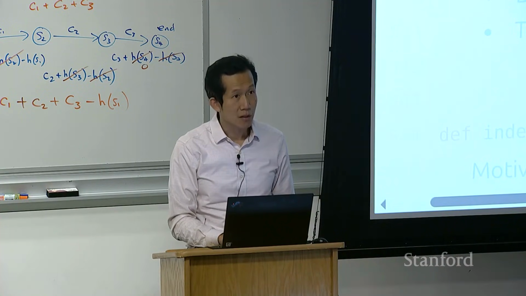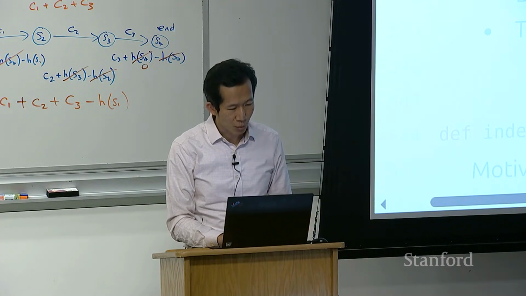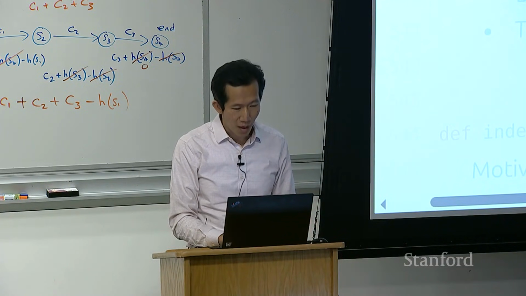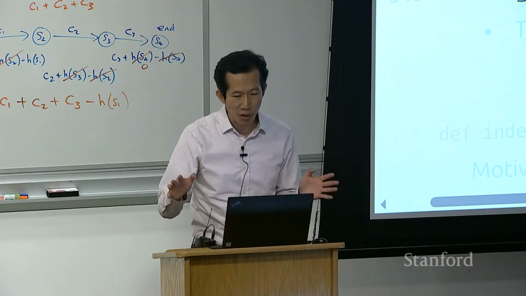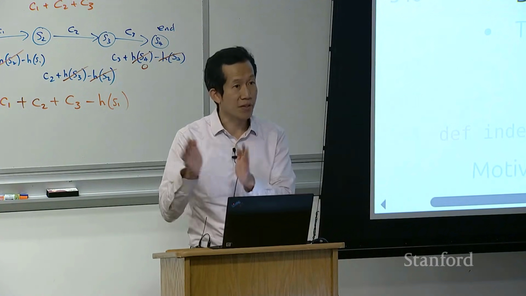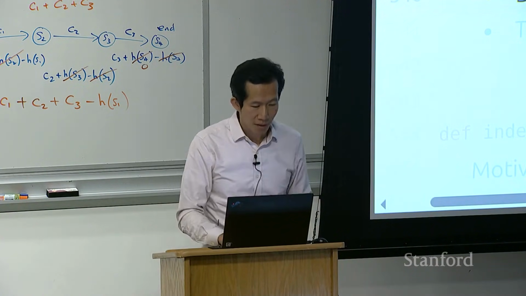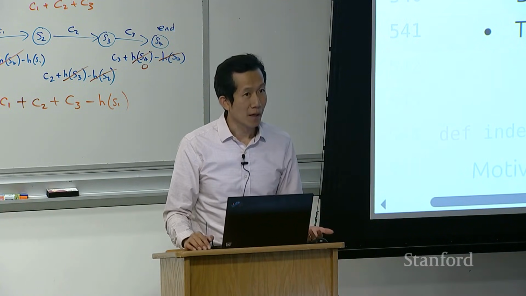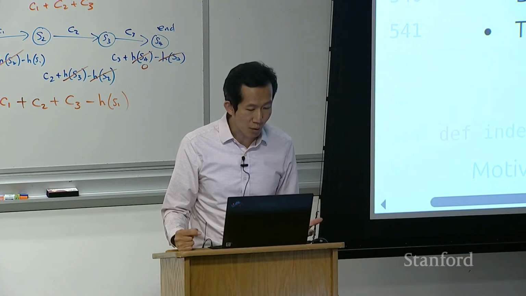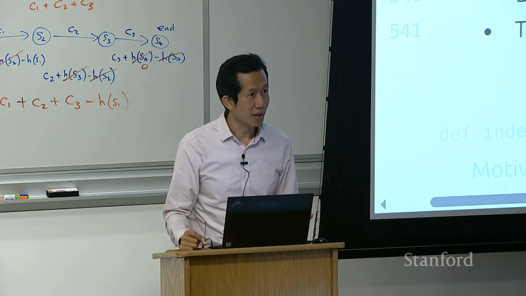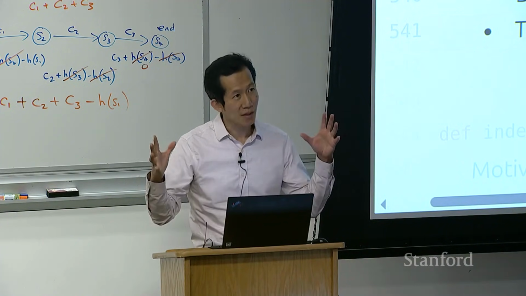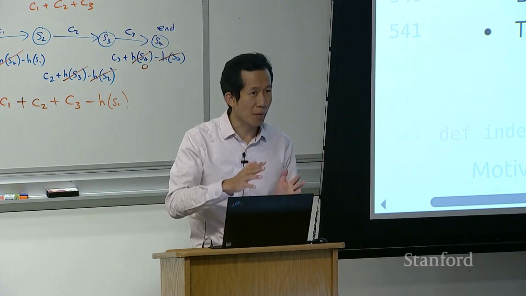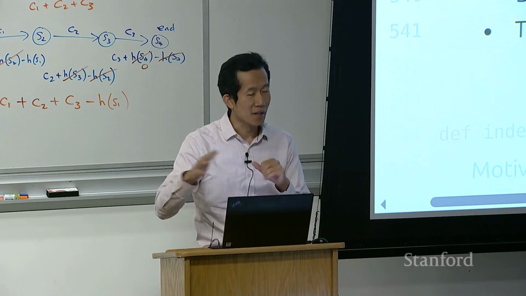Okay, so to summarize, we still have to run search on the relaxed problems sometimes, but the relaxed problems have fewer constraints and therefore fewer states. So they're faster to solve than the original problem. And so it's an empirical question when this is a good idea. It depends on the number of states of your original problem, the number of states of your reduced problems, how tight that is.